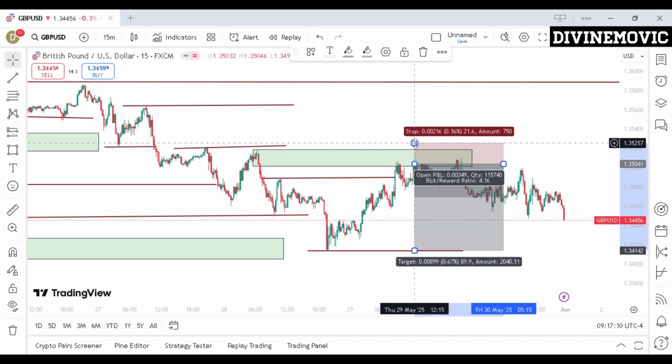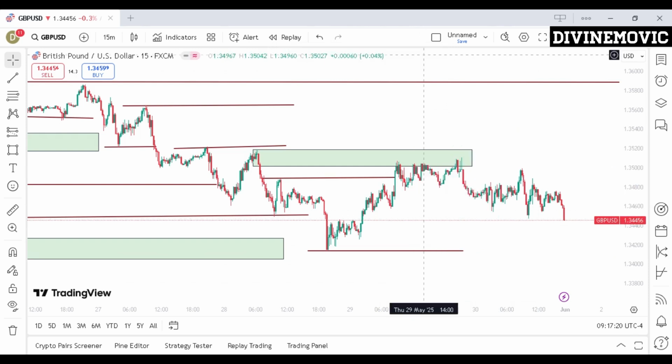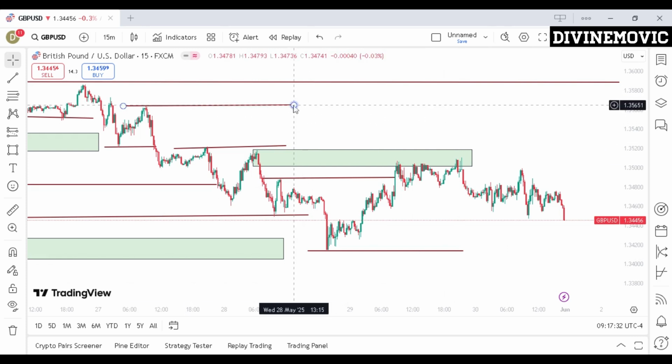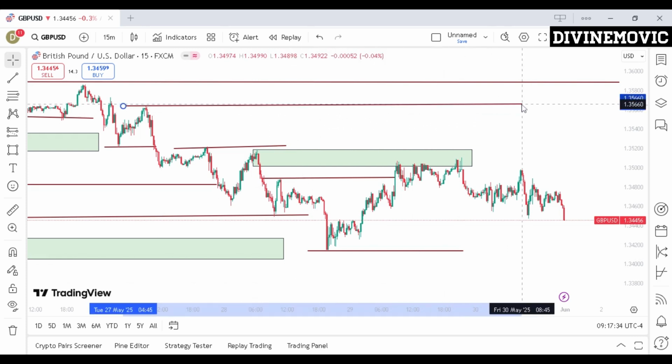But here becomes the reason why I won't take this trade again. Had it been price simply took out this particular low on Friday, then I would have confirmed here to be a strong high and here a weak low. But because price did not do that, here is acting as a weak low and here is still acting as a strong high.